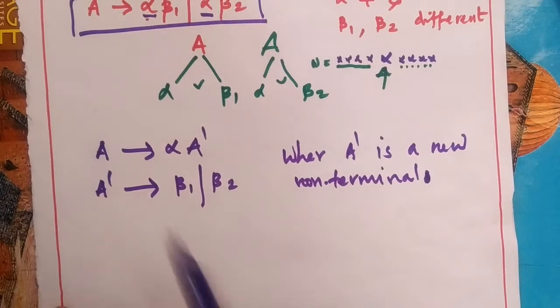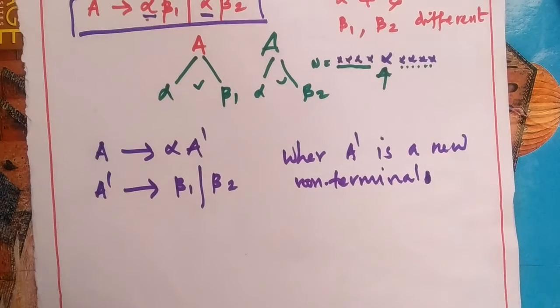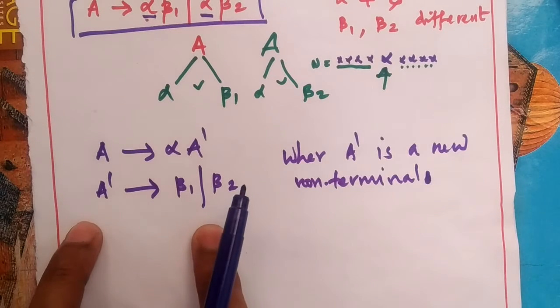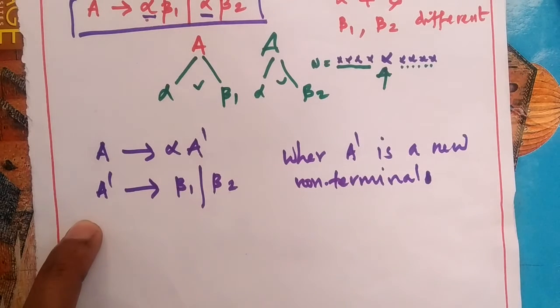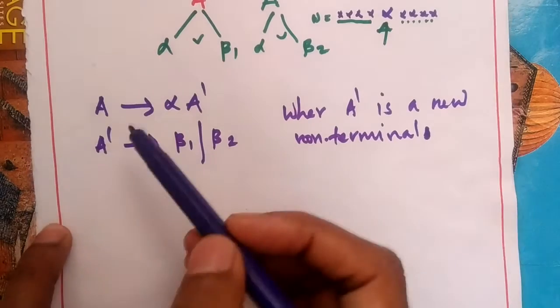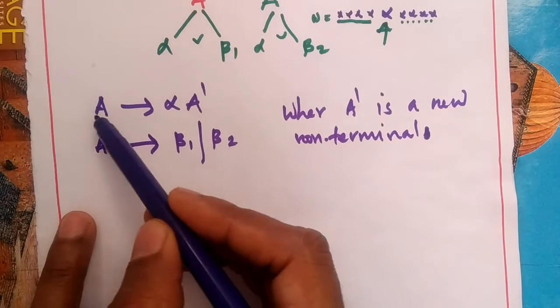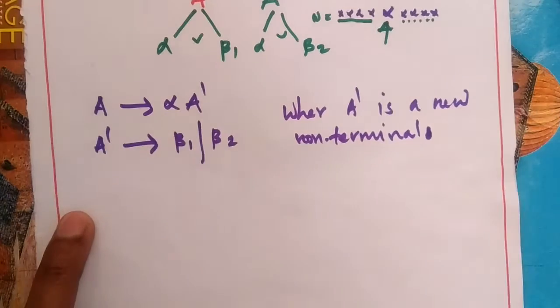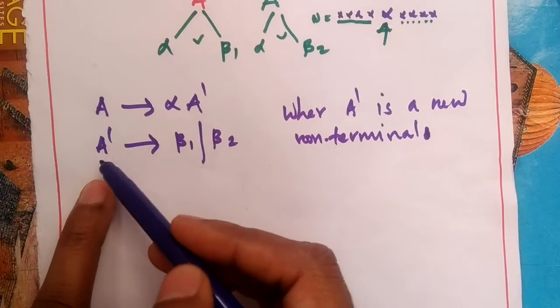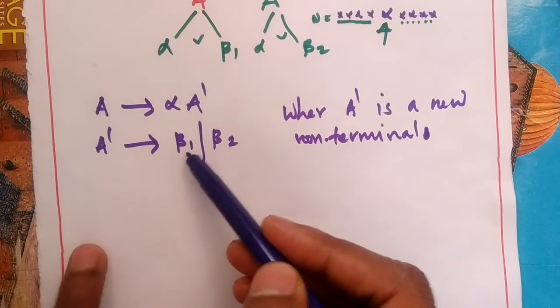By seeing this production, we can easily decide which A production to use for replacing A by seeing alpha alone, because here we have only one A production, A gives alpha A dash, and A dash is a new non-terminal which will expand by using either beta 1 or beta 2.